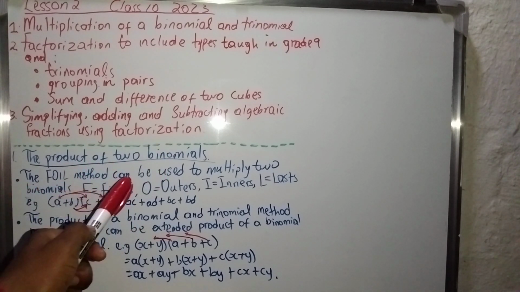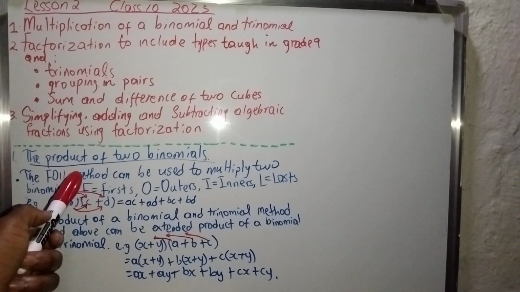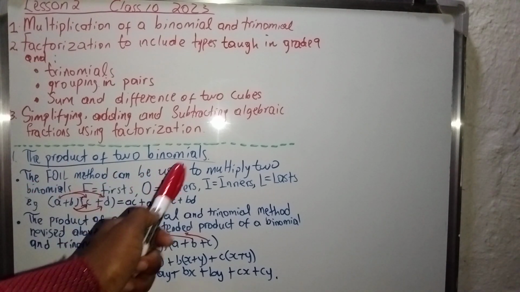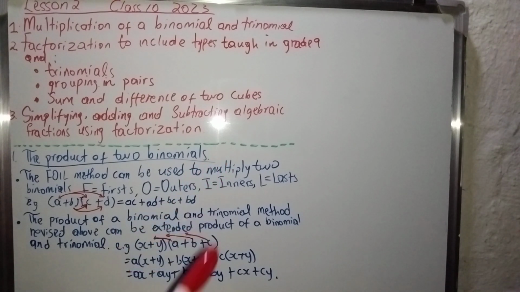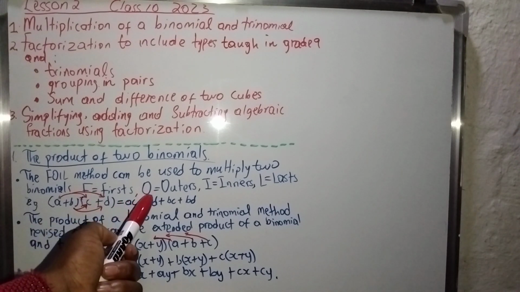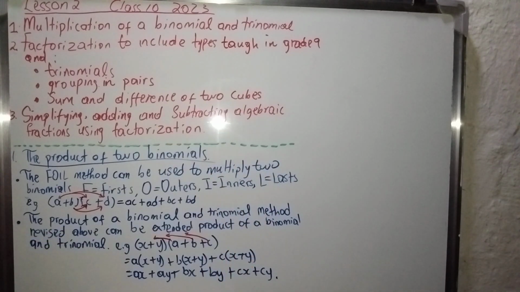In the product of two binomials, we'll be applying the method known as the FOIL method, which can be used to multiply two binomials. F stands for first, O stands for outers, I inners, L last.